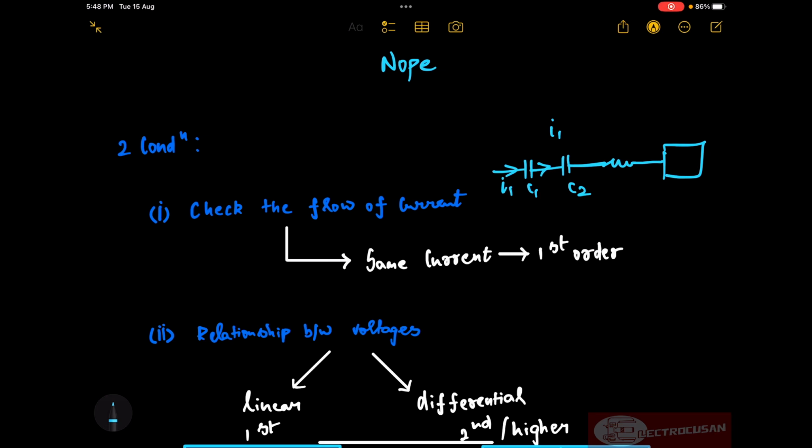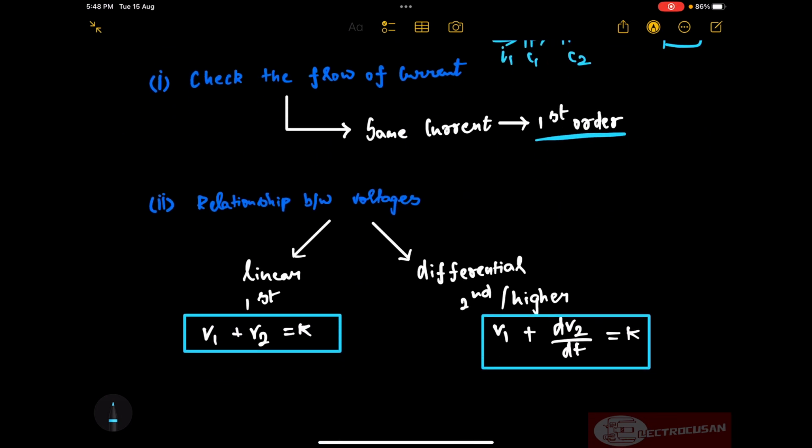The thumb rule is, if the capacitances have the same current flowing through them, then they are first order. If not, there is a high probability that the circuit is second order or any higher order. In order to confirm that, there is one more condition, which is to find the relationship between the voltages of those capacitances.